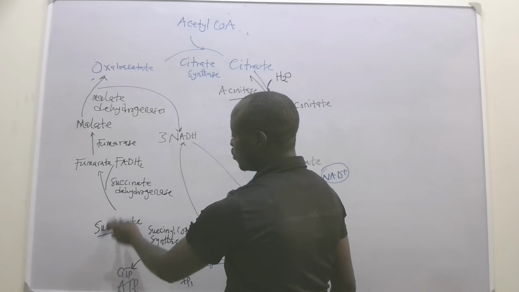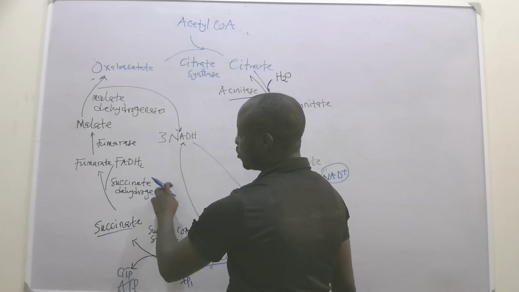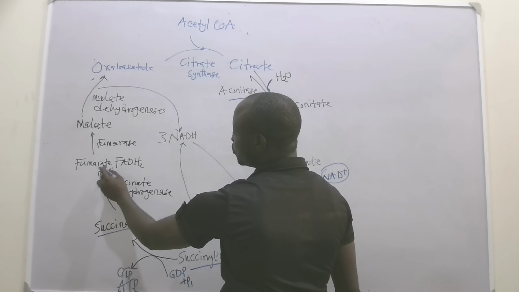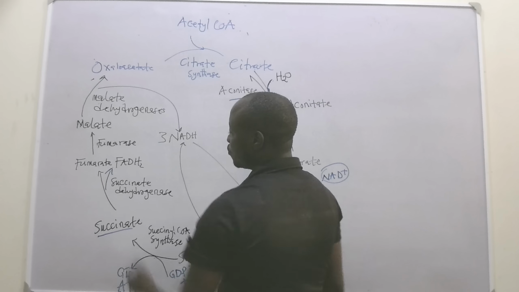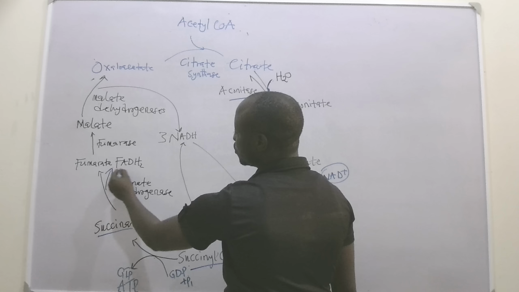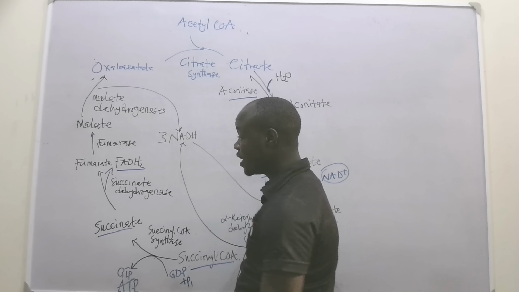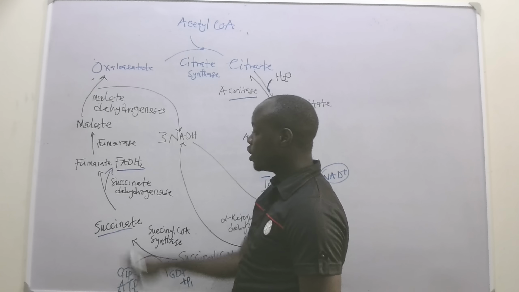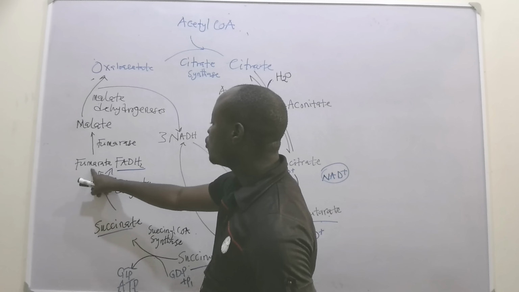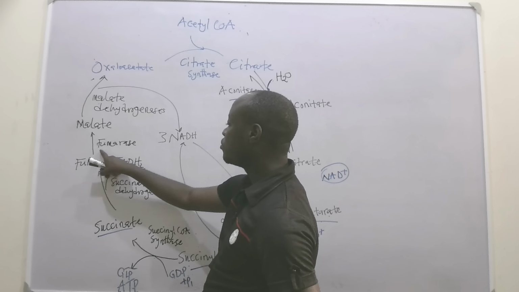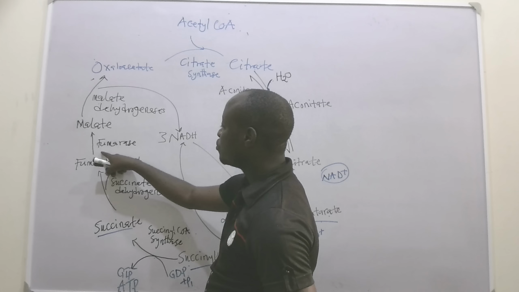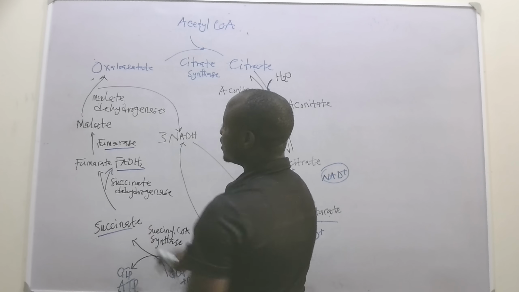Then we have succinate. The succinate, using an enzyme called succinate dehydrogenase, will be converted to fumarate. And at this stage, succinate dehydrogenase produces one molecule of FADH2. Then the fumarate will be converted to malate using the fumarase enzyme.